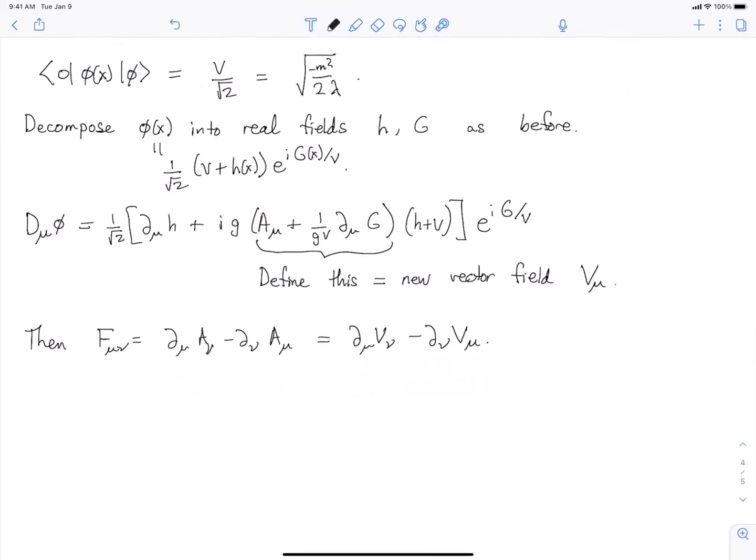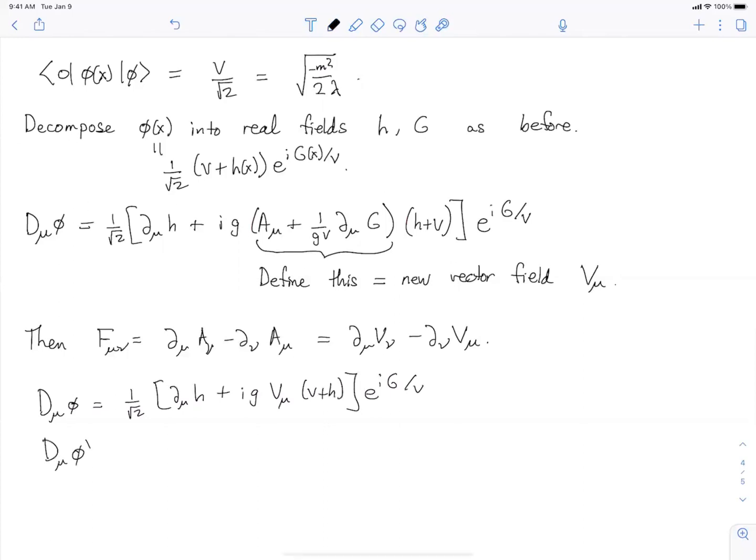Okay, so I can write what's gone on here as d mu phi equals 1 over square root of 2 partial mu h plus i g v mu v plus h times this phase, and then for d mu phi star, it looks almost the same, except the imaginary term, of course, gets complex conjugated, and the phase gets a different sign.